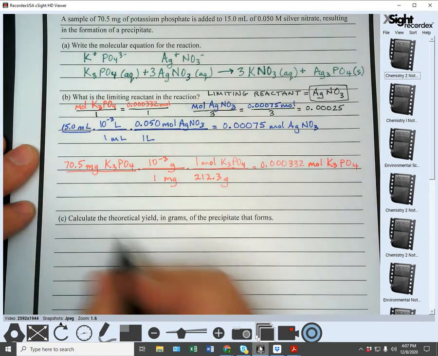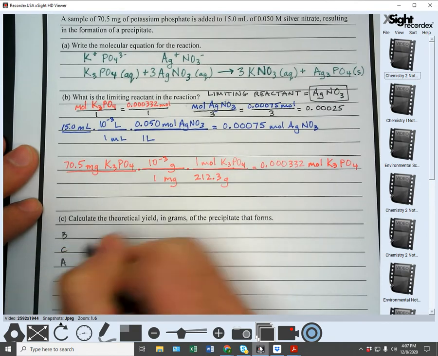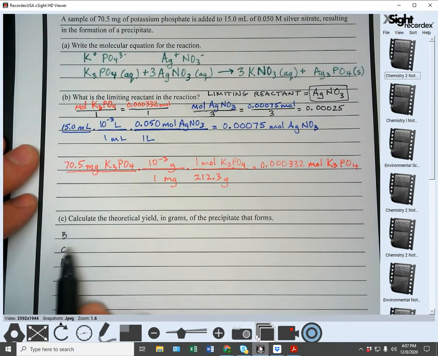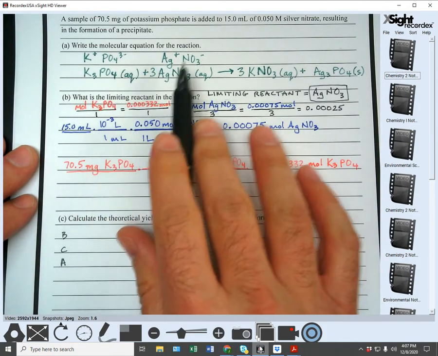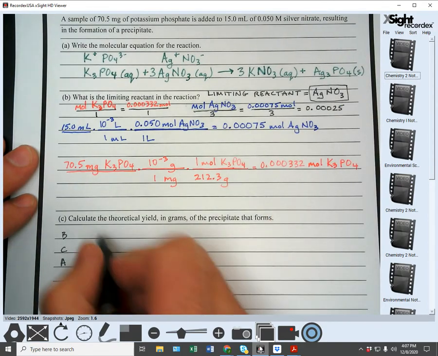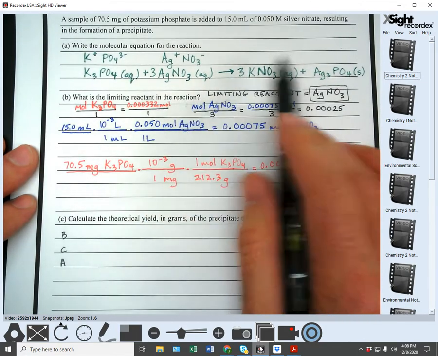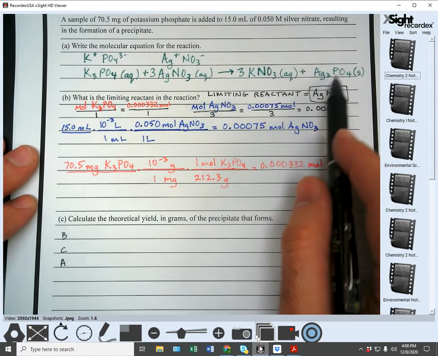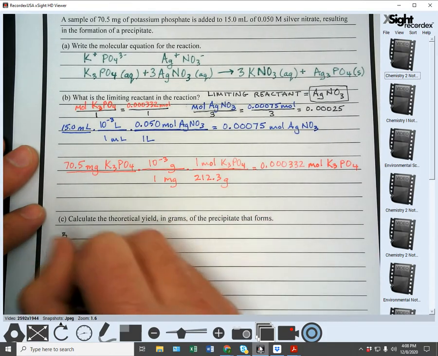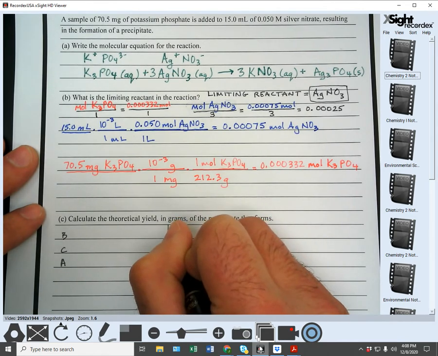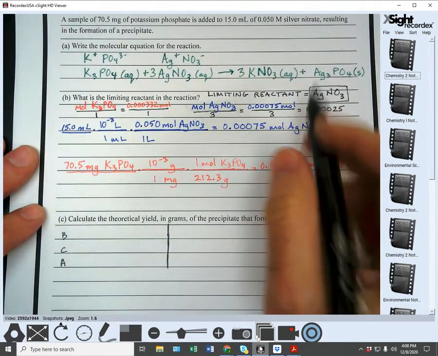So the BCA chart, okay, I'm not going to rewrite the equation. Just first, second, and then third and fourth, okay? So we've got our first thing is the K3PO4, AgNO3, KNO3, and Ag3PO4, right? And so I'm going to leave space for 1, 2, and then halfway, the KNO3.